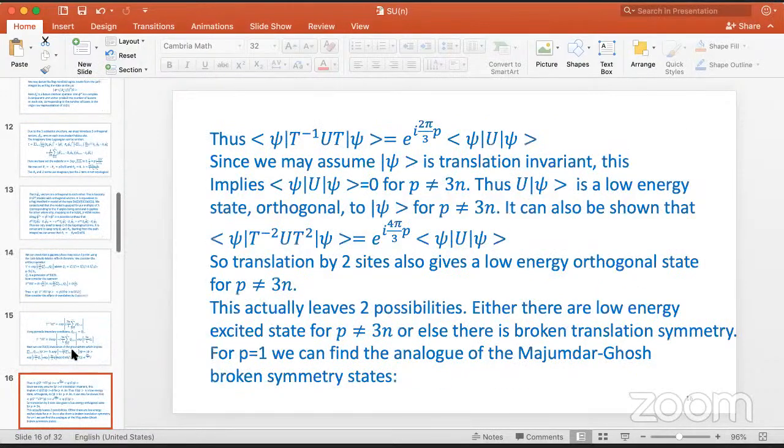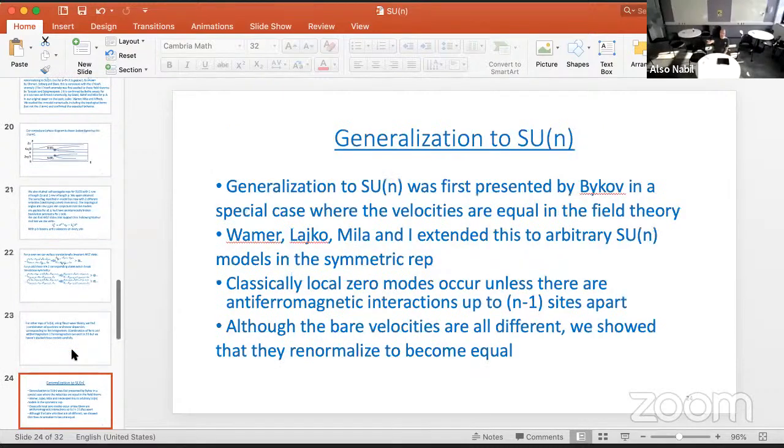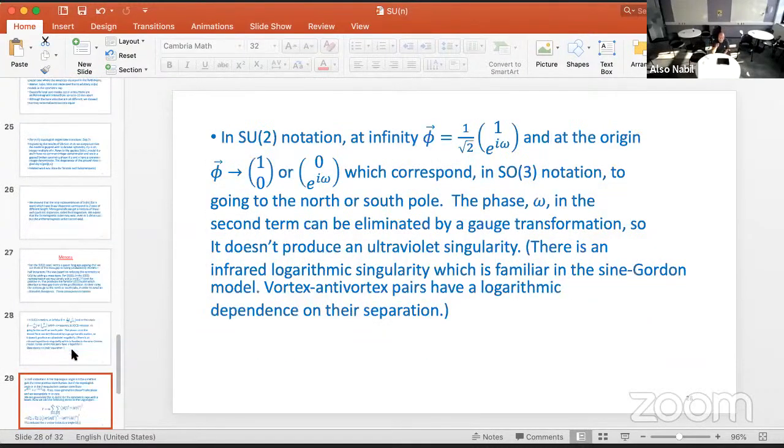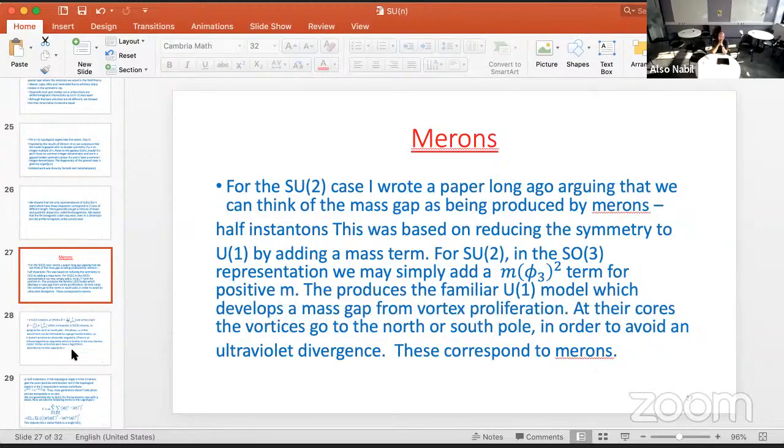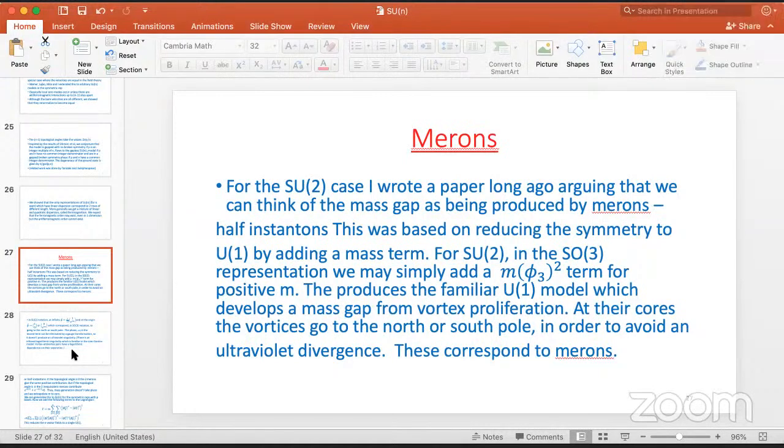And then you have vortices, and if the coupling of this U(1) nonlinear sigma model is small enough, then the vortices will percolate and gap the system. But in this case, are you breaking the symmetry of this flag sigma model? Yes, we're breaking the symmetry. In the SU(2) case, we break the symmetry down to U(1), and we're doing something similar in the flag manifold sigma model. We break it to U(1).